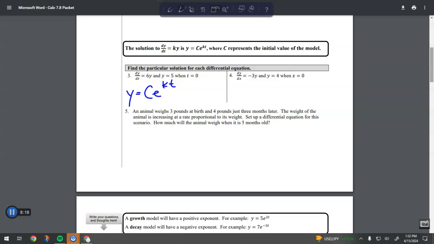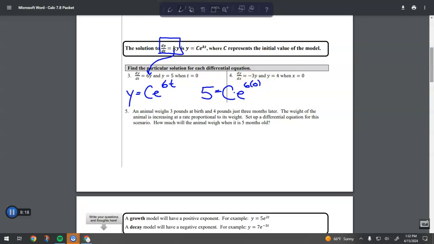But I'm not done. What's K? K is 6, because it's dy over dt equals k times y, so that k is that 6. And then basically you're trying to find c. They give you y equals 5 and t equals 0. So I can plug in: 5 equals c times e to the 6 times 0.